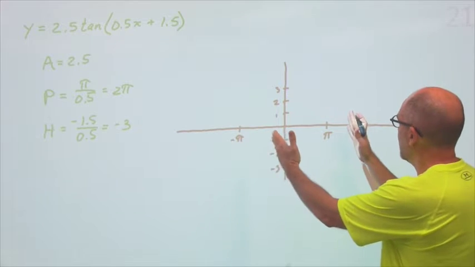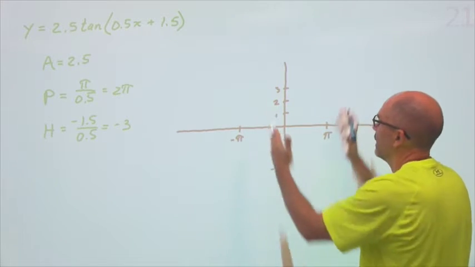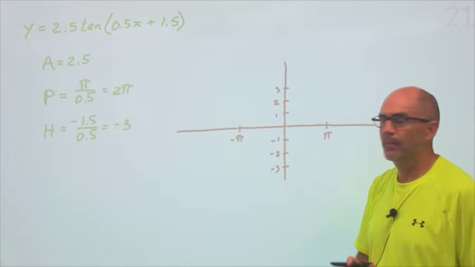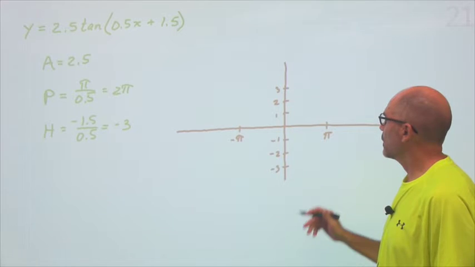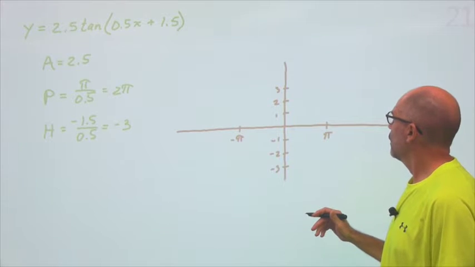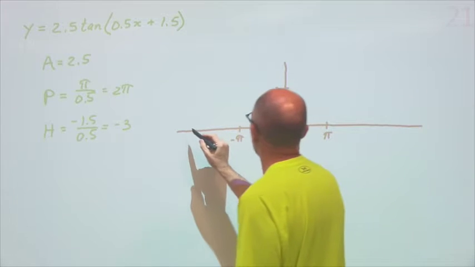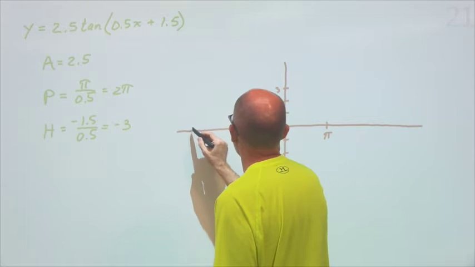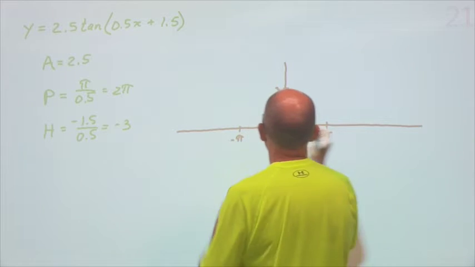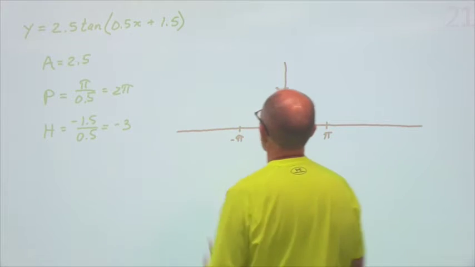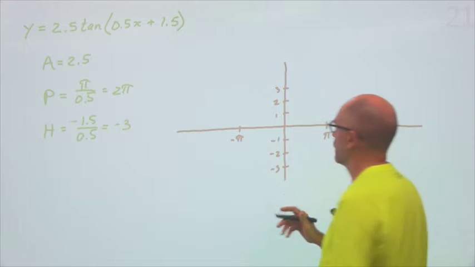Now this would be the regular period if we had no horizontal shift. But we have a negative 3 horizontal shift. So what I'm going to do is move the whole thing negative 3, or 3 to the left.